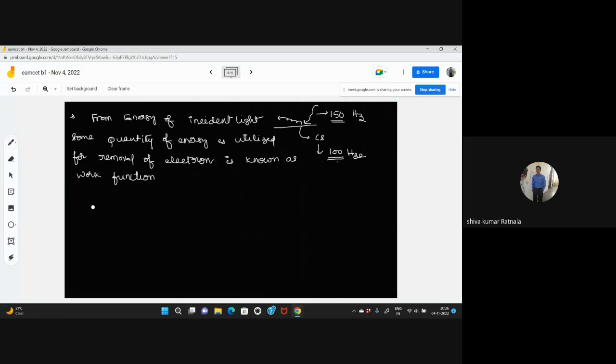Some quantity is utilized for the removal of the electron, and the remaining quantity is utilized as kinetic energy of the ejected electrons.